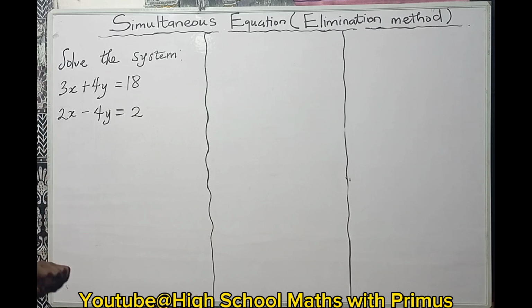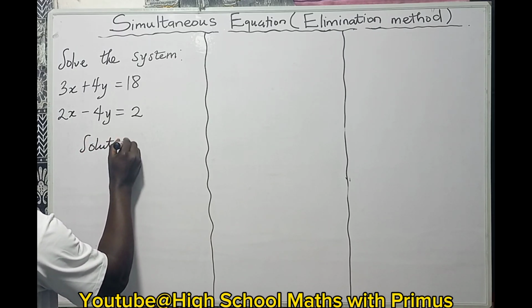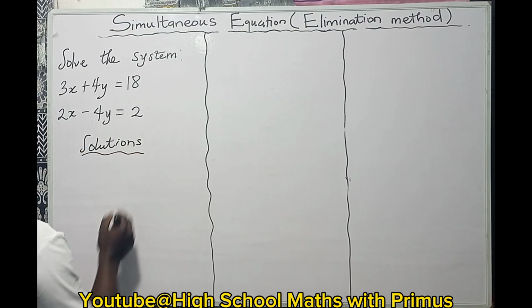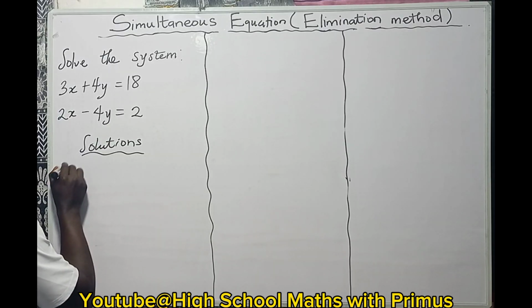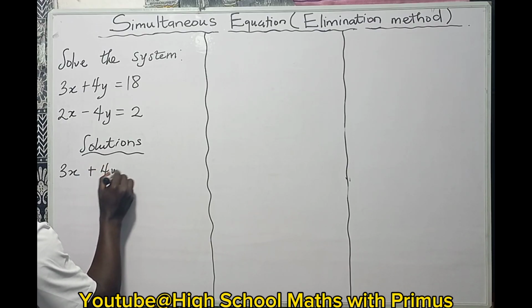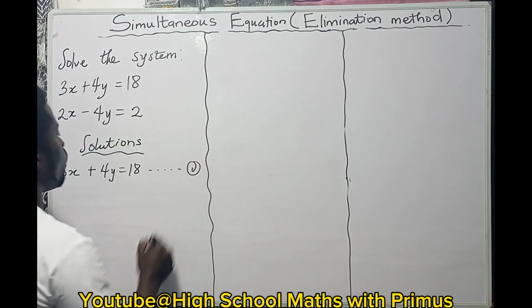Now with questions like this, the first thing is to label our equations. So let's label it: 3x plus 4y is equal to 18, we give it equation 1.